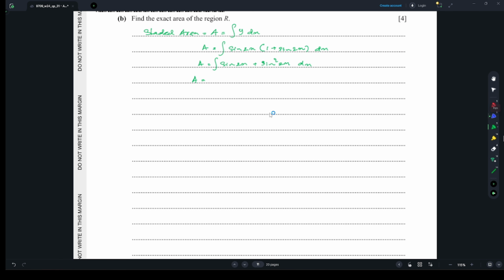What we can do is use the double angle formula for cos 4x, which equals 1 minus 2 sine square 2x, right? So from there you can write sine square 2x equals 1 minus cos 4x divided by 2.